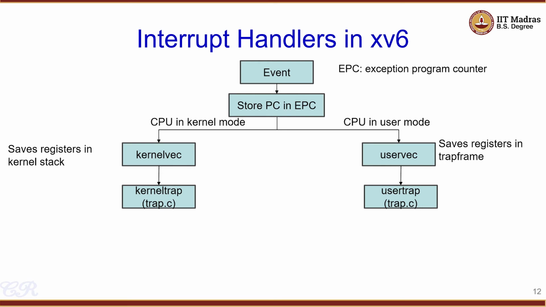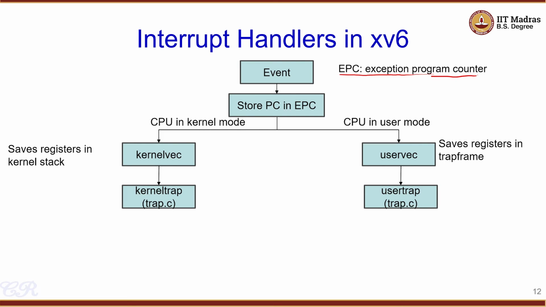So, we have the user process executing, and an event gets triggered. This event would trigger the hardware to store the program counter into the EPC register. EPC stands for exception program counter, right? And from here, it would move to either the user-vec function or the kernel-vec function.